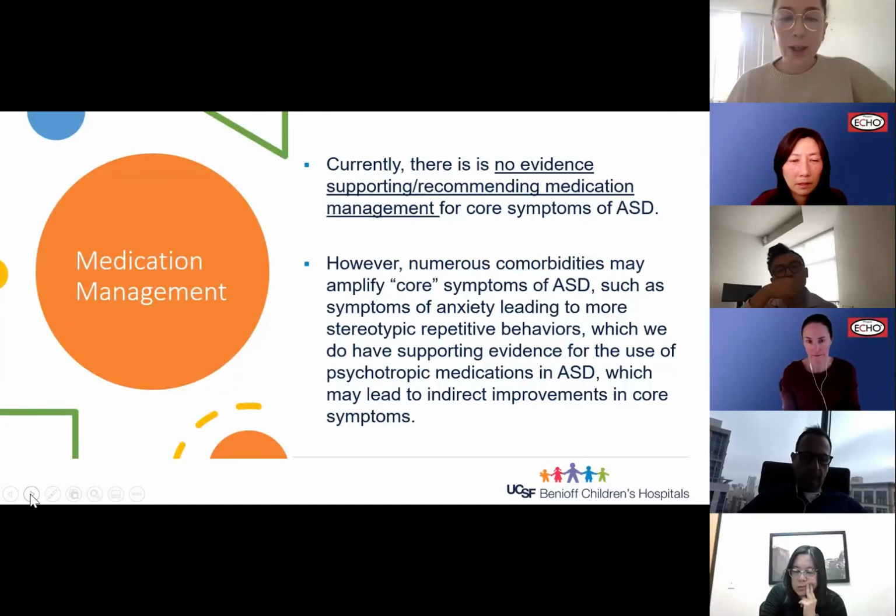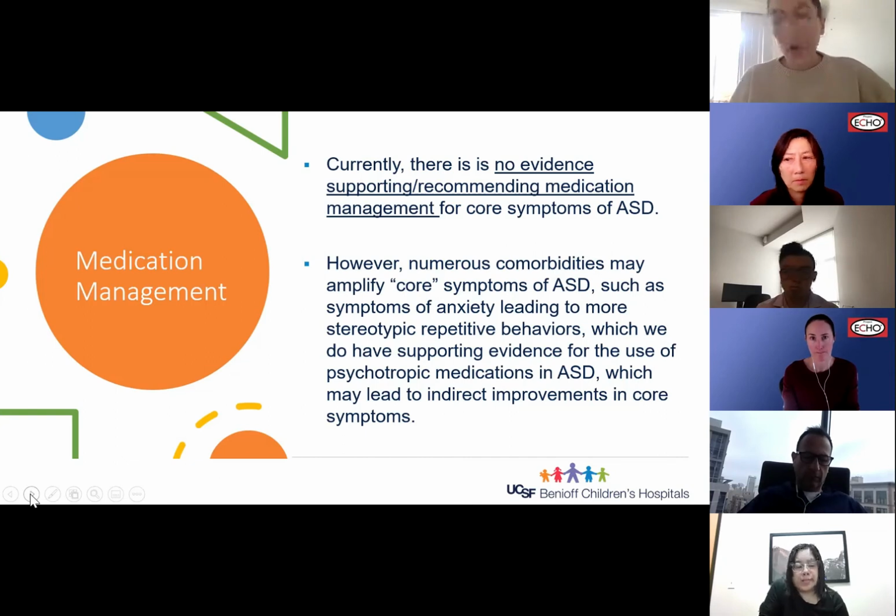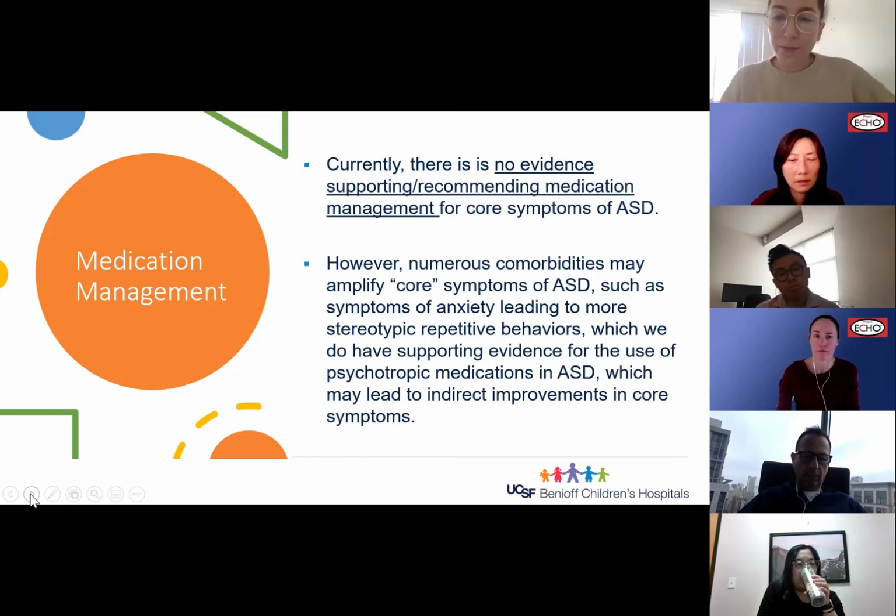For example, with rocking, they may start almost like a more agitated rocking when they're feeling much more anxious. And although we don't start the medication to treat the rocking itself, we start a medication to help address the anxiety, but often that helps to then reduce that repetitive stereotypic behavior because the anxiety is improving. So we get those improvements in the core symptoms indirectly by treating the comorbidities.